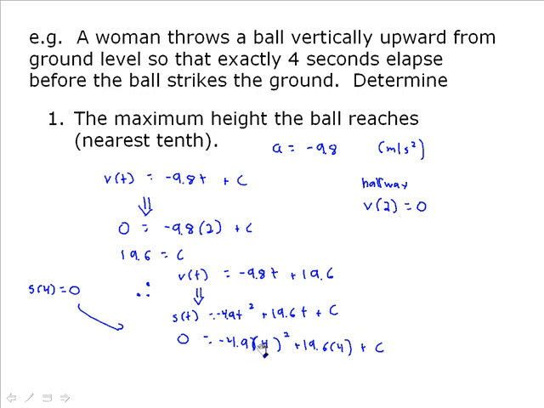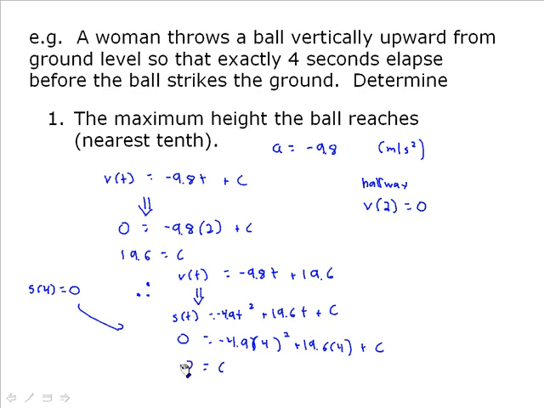And then we work all this out, and we get the shock of our life. Negative 4.9 times 4 squared plus 19.6 times 4 is just equal to 0. So c is equal to 0.